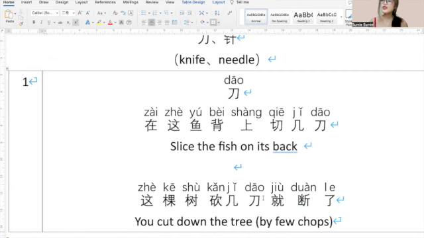I want to cut the carrot. And I would say, Sumie, could you please help me to cut the carrot into 3 pieces?